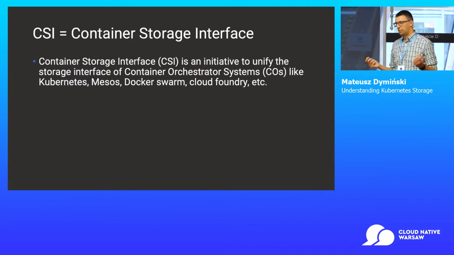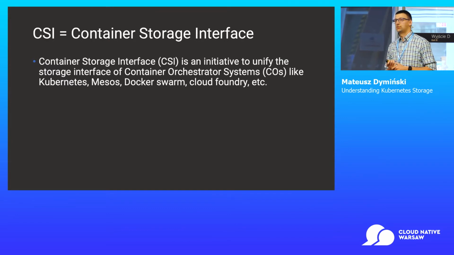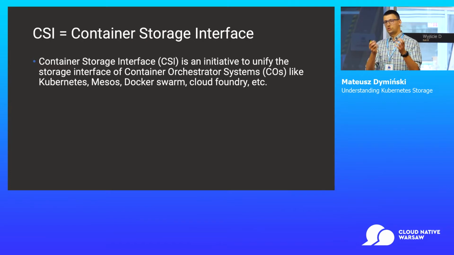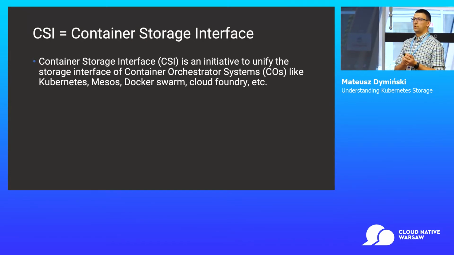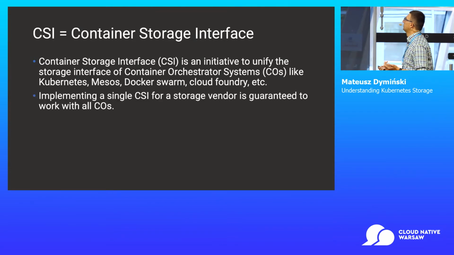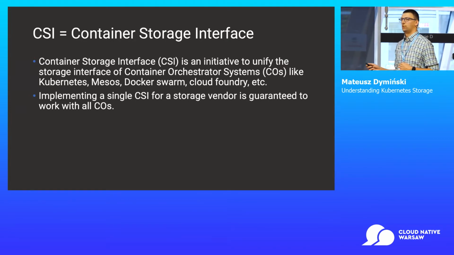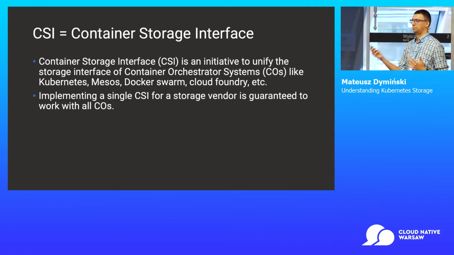So they found a solution: let's create one single interface, abstract it somehow, and not put the source code of the volume plugin inside Kubernetes or Mesos, but instead run it as a container and use it via an API. So they created a stable API, and now you can use this CSI thing. Implementing one single CSI solves the problem on all the platforms like Mesos and Kubernetes.